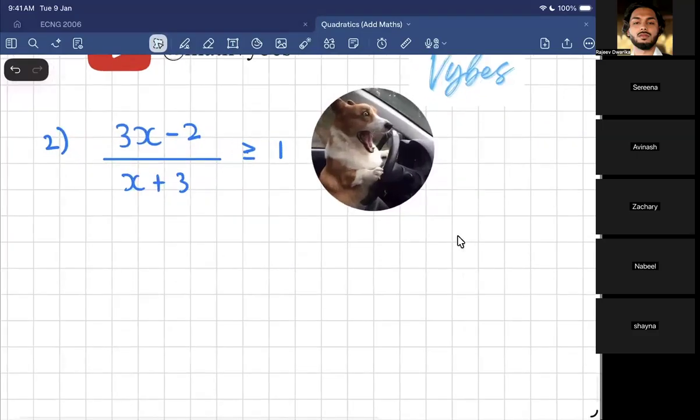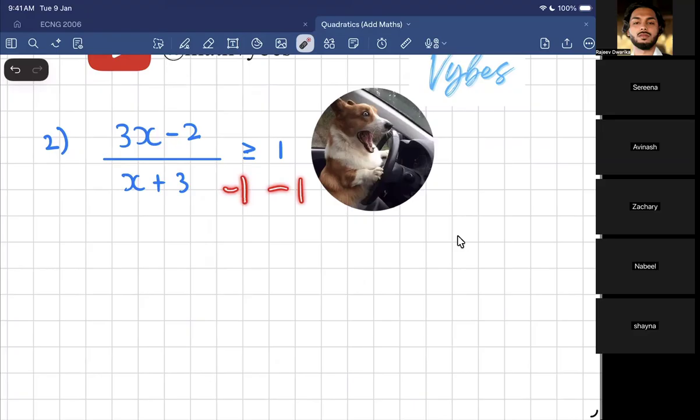All right. So, Nabil, if the questions we're accustomed to doing have more than or equal to or less than or equal to zero, what would I need to do to make this side zero? I put -1. Yeah, we'd have to minus one from both sides.